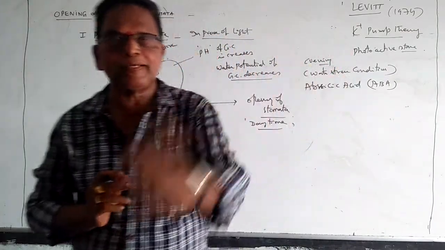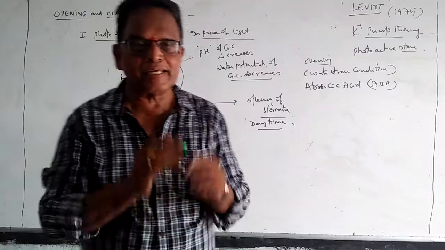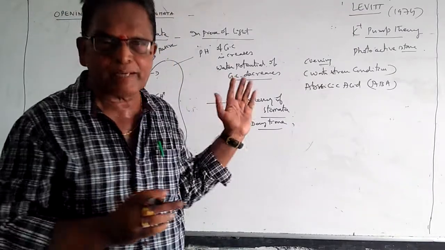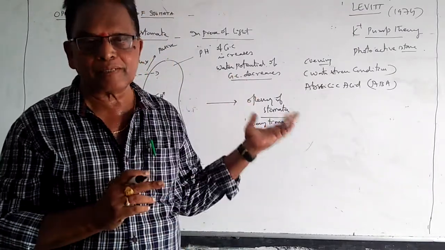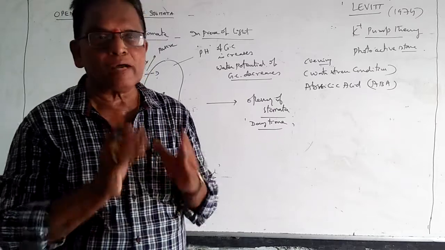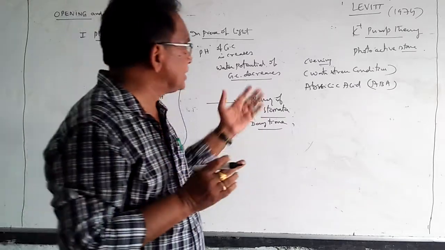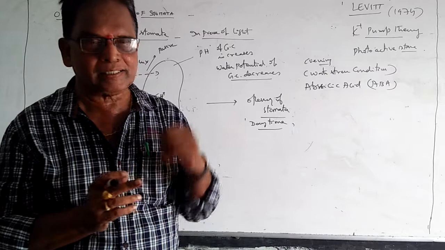Whenever the plant experiences water stress condition, which happens in the evening times, in the absence of sunlight, a hormone called abscisic acid is produced inside the guard cells.